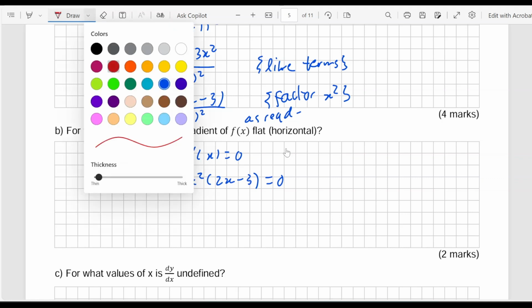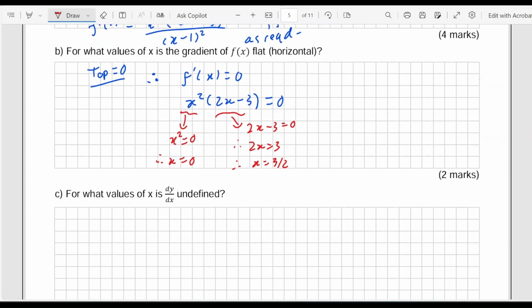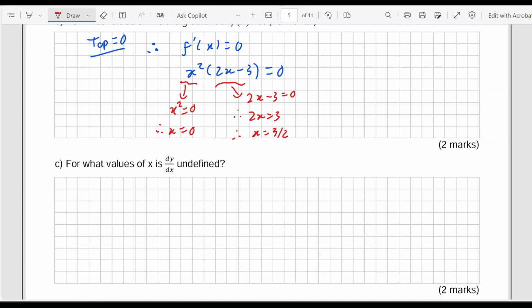Now, if you get this here, that would give you x equals 0 because x squared equals 0. And then this one here would give you 2x take 3 equals 0. So that's 2x is 3, or x is 3 halves. Wonderful. So just restating what you've got there, x is 0 or x is 3 halves.